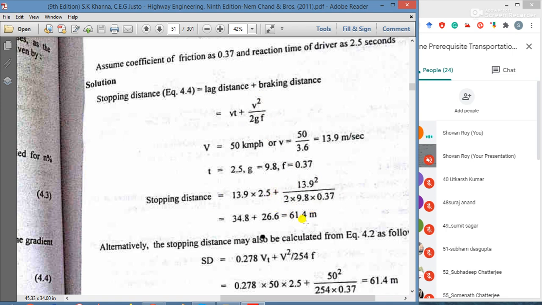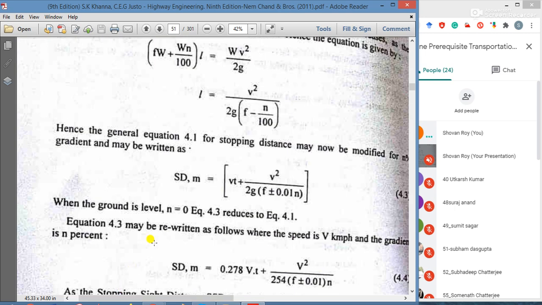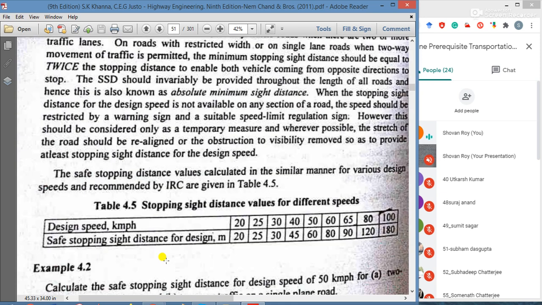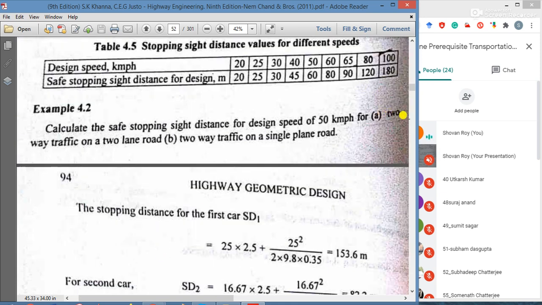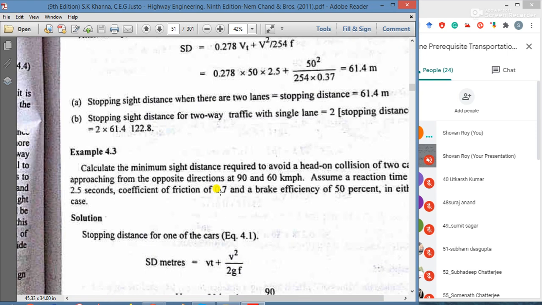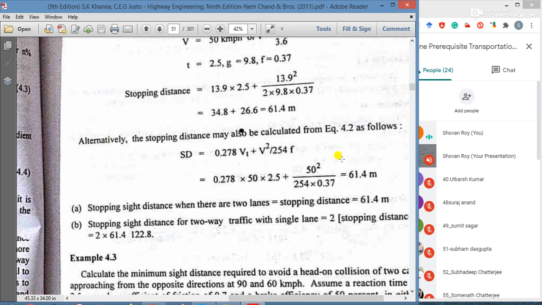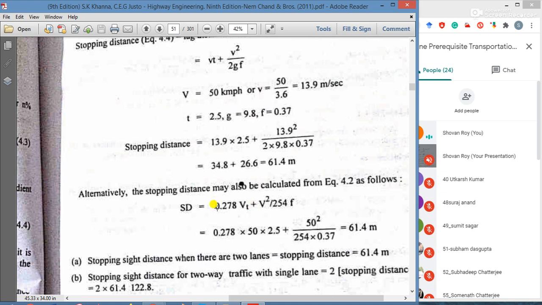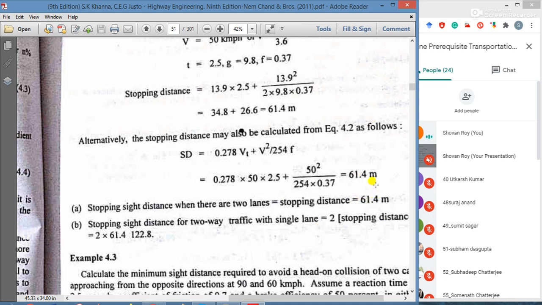But the condition as per the question is condition A, two-way traffic on a two-lane road, and condition B, two-way traffic on a single lane road. Alternatively, we can calculate the same thing without converting, by directly using the formula 0.278Vt plus V square by 254f. The same result will come, 61.4.